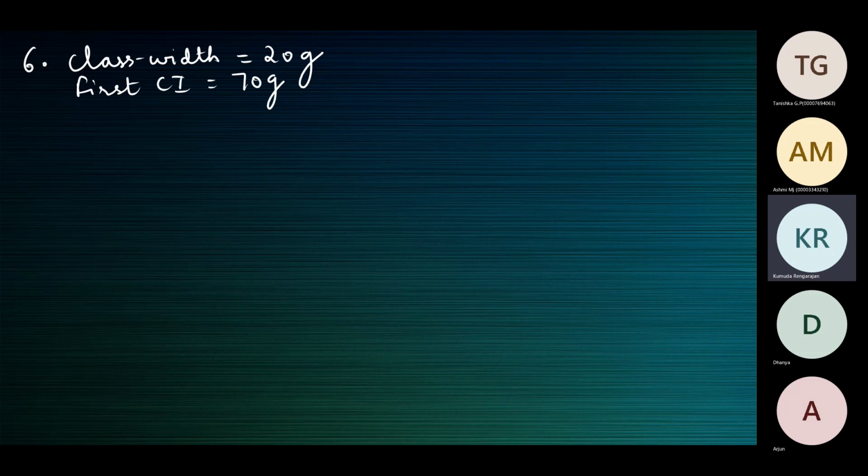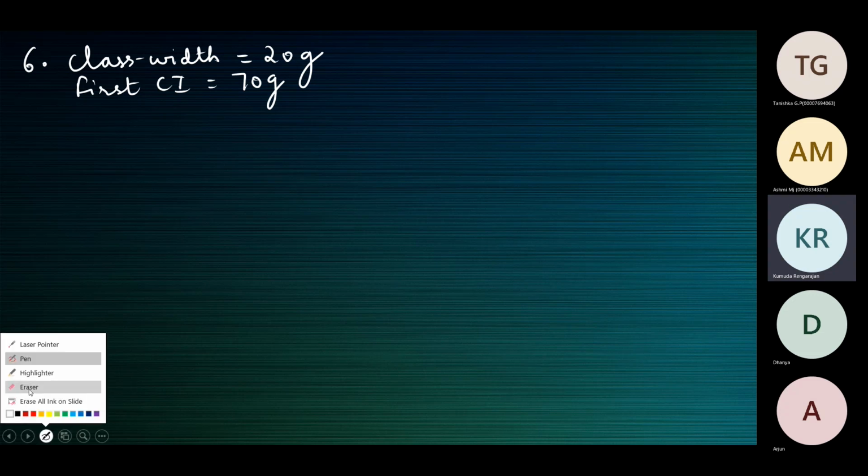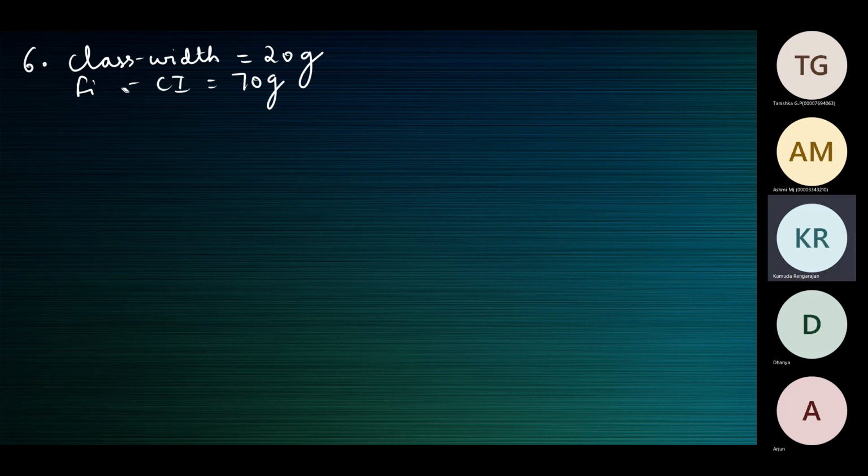If nothing is mentioned, the class intervals should be continuous. Now, to construct the class intervals, they have given you some standing instructions. The class width should be 20 grams, and the mid value of the first class interval should be 70 grams.